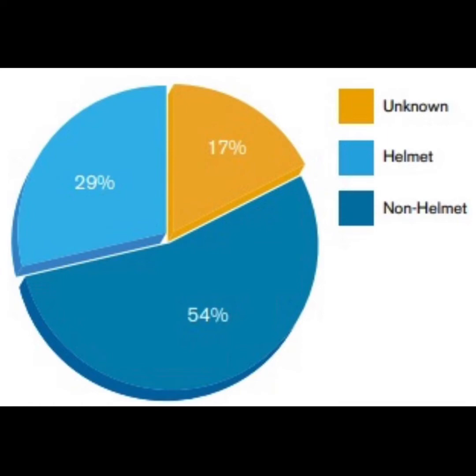It says how many people were killed in bicycle accidents: 54% did not wear a helmet, 29% did, and 17% is unknown. So even if all 17% were ones who wore a helmet, it would still be less than those who didn't wear a helmet.